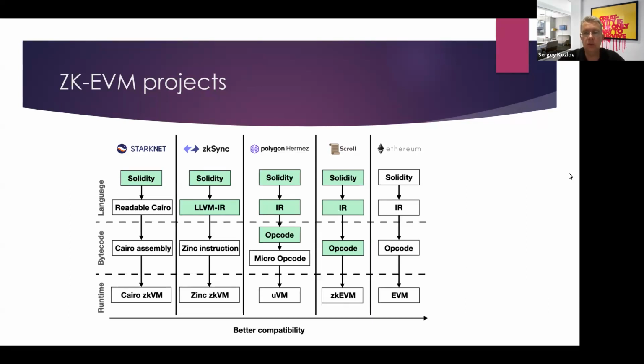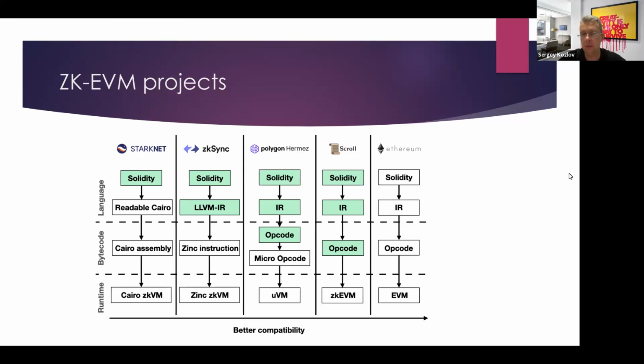And the language, you see here that for Scroll and for Polygon Hermes, it's actually the same way as it goes with Ethereum. So you use Solidity and everything is okay. But for Starknet, when you try to deploy Solidity code on Starknet, actually it is translated into another language, the Cairo language.